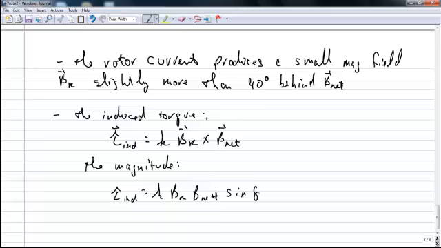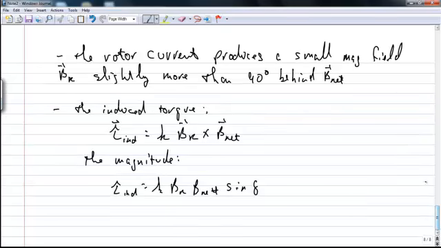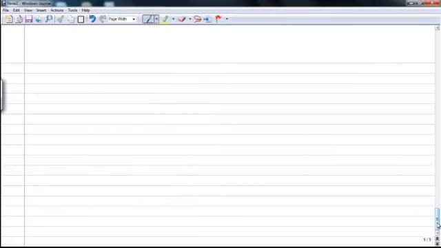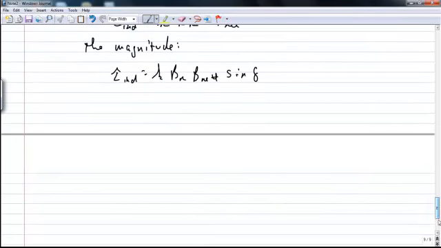Since the rotor magnetic field is small, the induced torque is also small, and in fact it's going to be just enough to overcome the rotational losses, the losses due to friction and windage, and any other rotational losses. Okay, so that's the situation with the motor operating under no load.